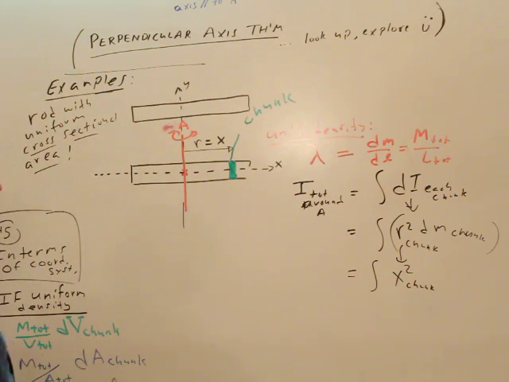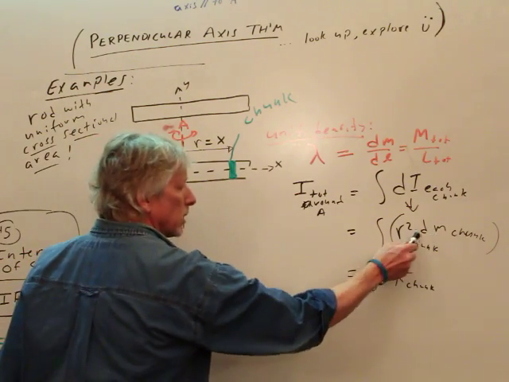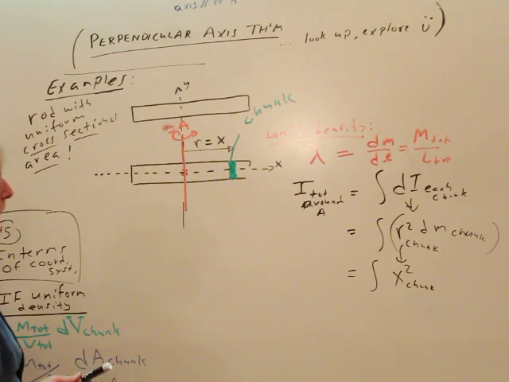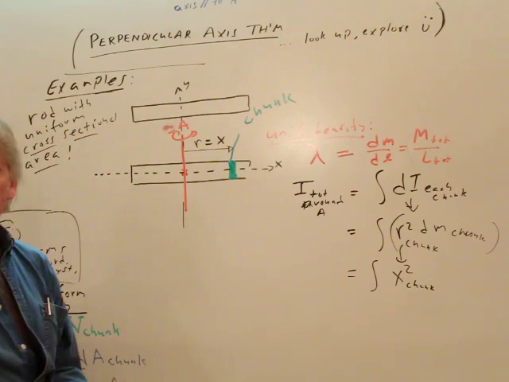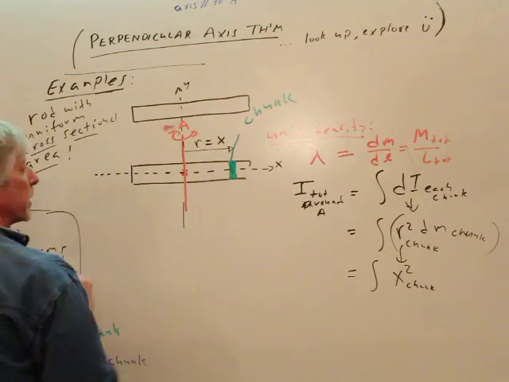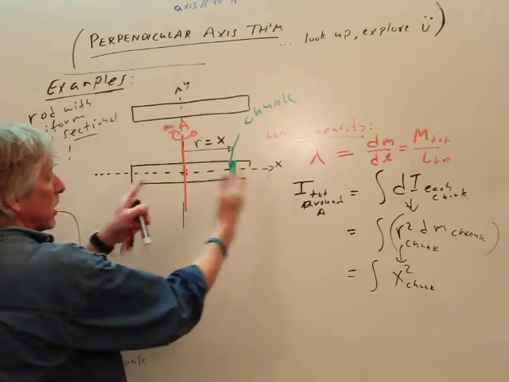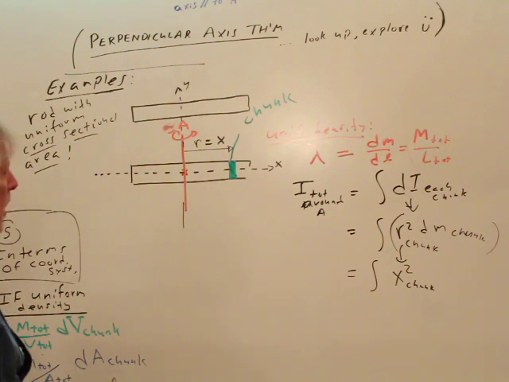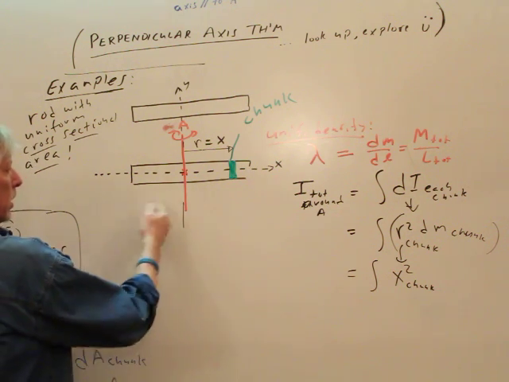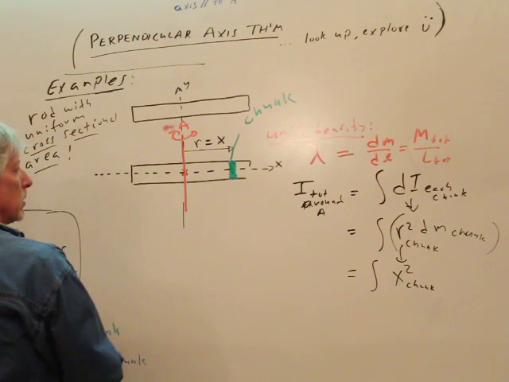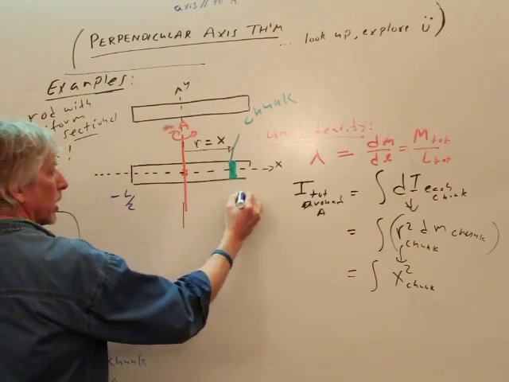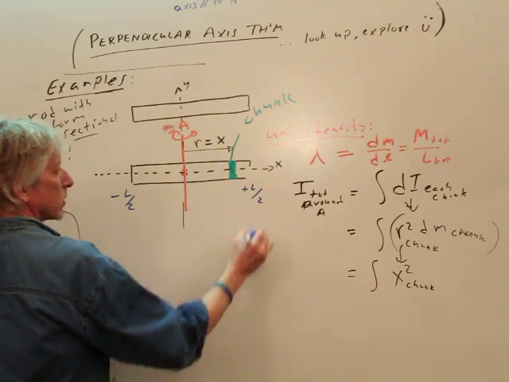I need dm, I got that. What do I need? You got it? Limits of integration. Where are all the chunks? They go from what to what? Well, in this picture, I could set my coordinates any other way, just look at your picture, because that's the key. I'm going to go from negative L over 2, where L is the length of the rod, to positive L over 2.